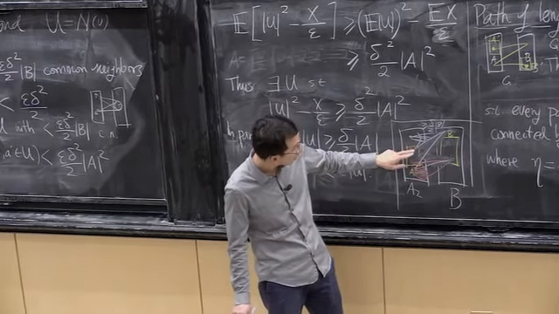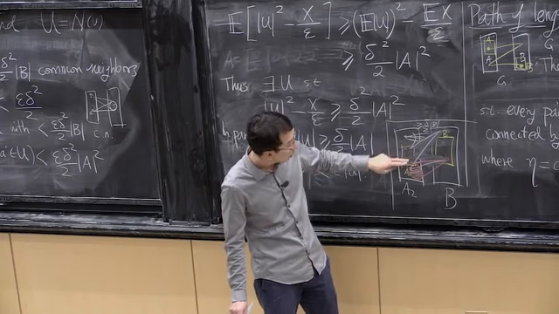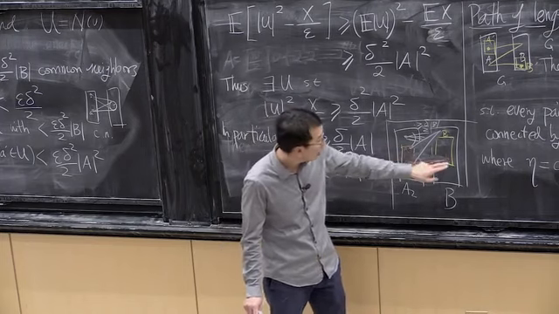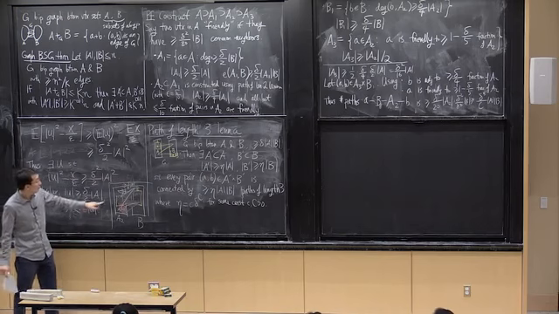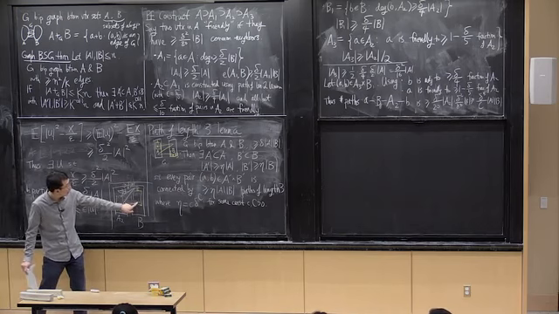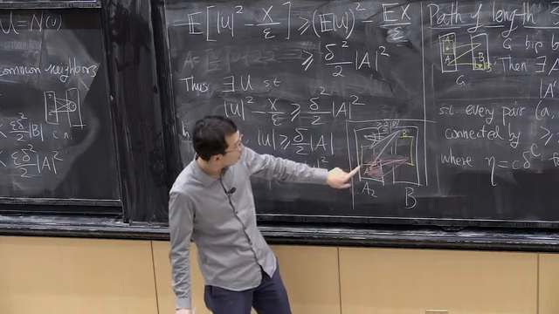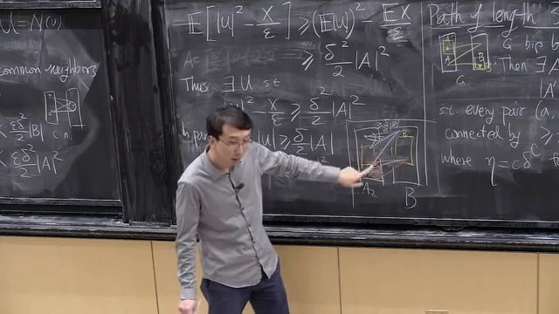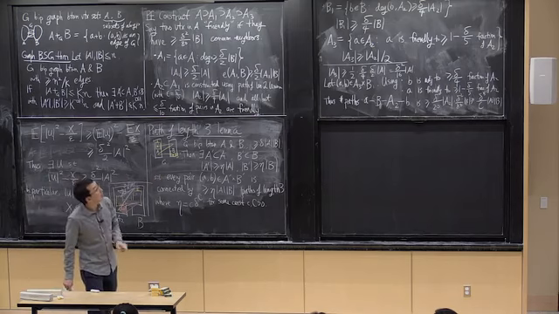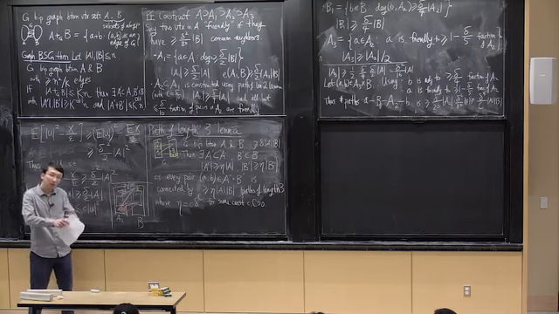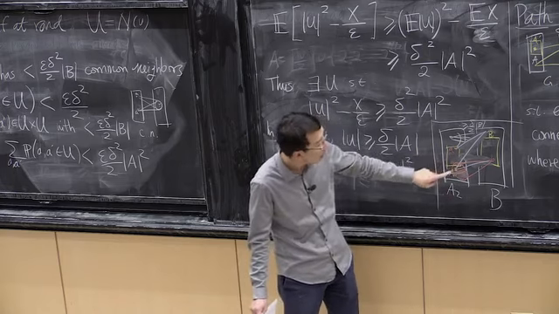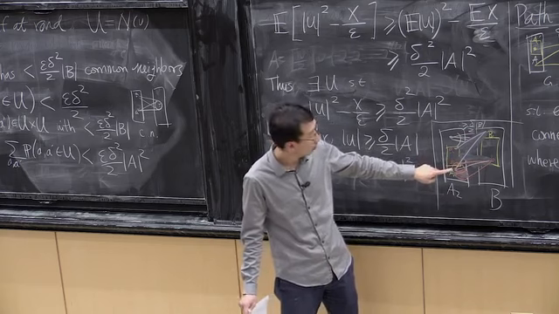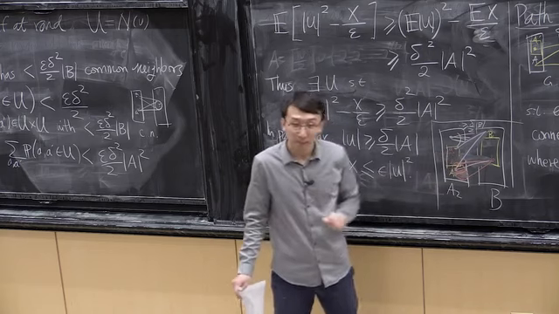If you start with a vertex in A3, it has many friendly companions, where many means at least 1 minus delta over 5 fraction. Whereas every vertex in B1 has lots of neighbors in A2, where lots means at least delta over 4. So there's necessarily an overlap of at least delta over 20. And for that overlap, we can create lots of paths going through this overlap from A to B.